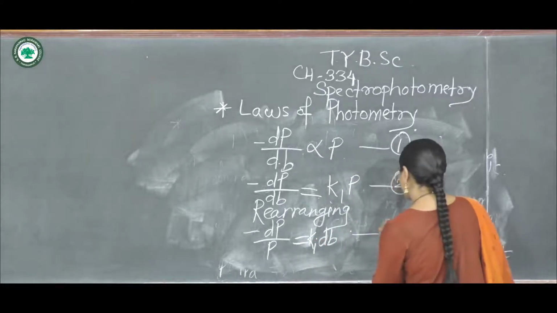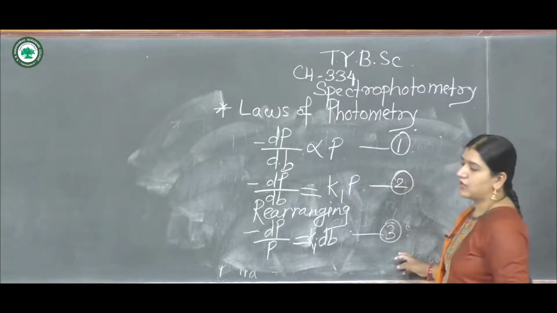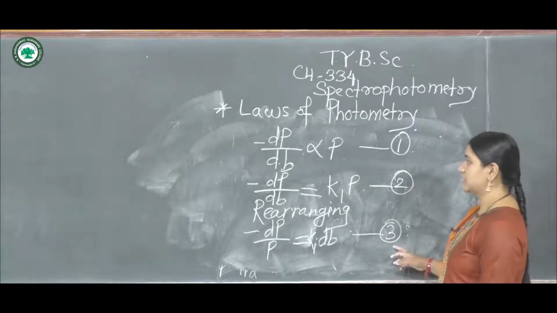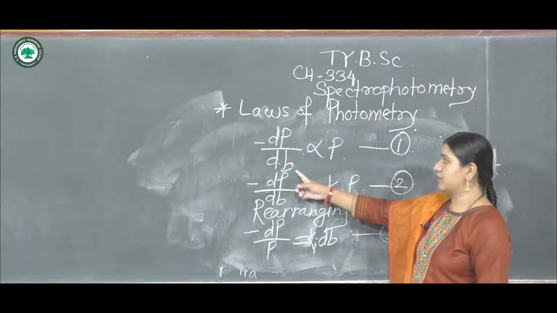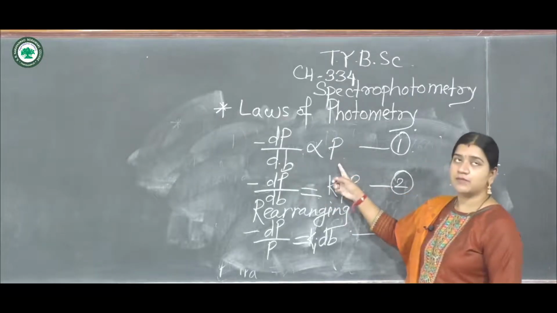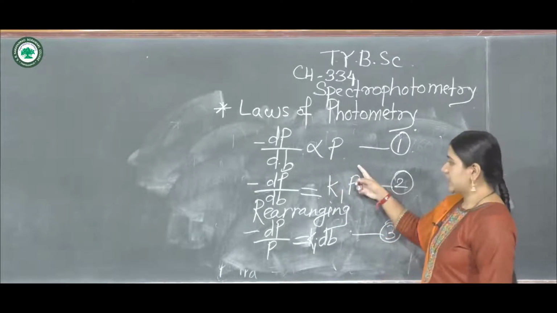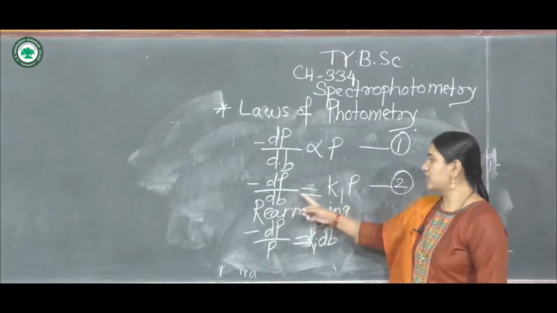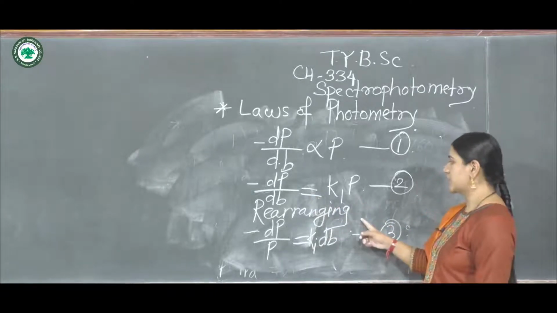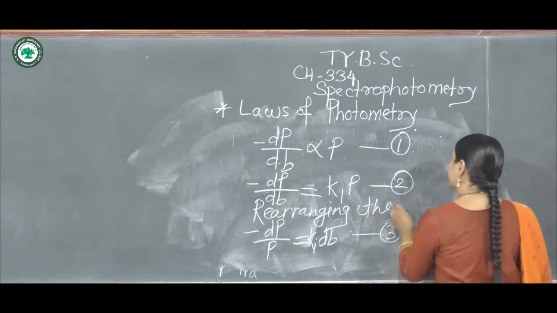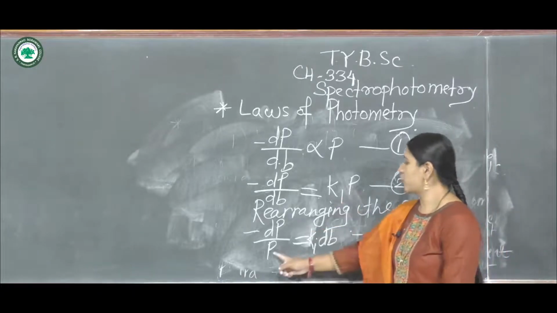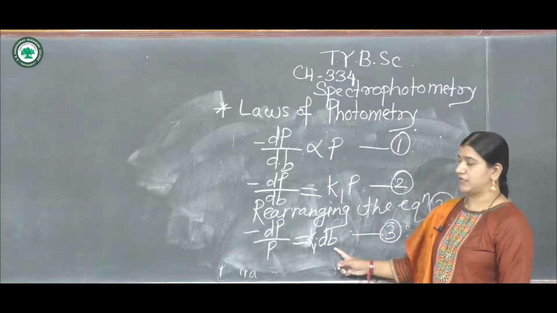This is equation number 3. Firstly, minus dP upon dB, the change in radiant power with the change in thickness, is directly proportional to the radiant power, so minus dP upon dB is equal to k1P, where k1 is the constant. Rearranging equation number 2, we get minus dP upon P is equal to k1 into dB.